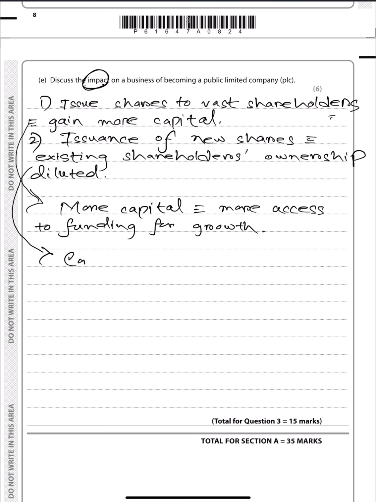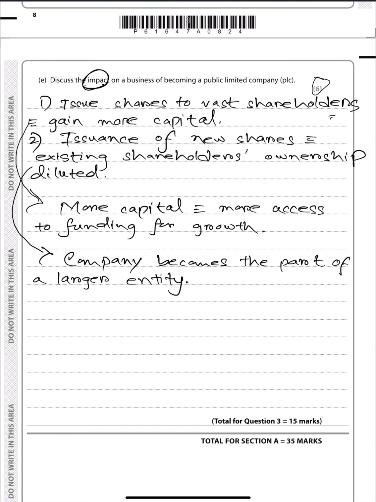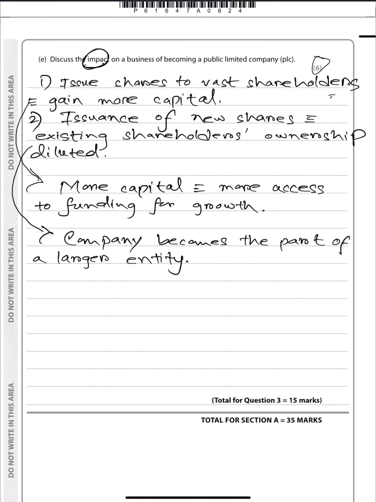So company becomes a part of a larger entity. So these are just explanations to the point, and all of these will gain you 6 marks. And that is basically it.